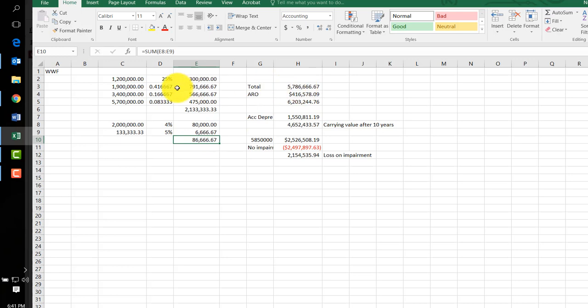So our total cost is, adding up all the actual direct expenditures to build this thing, 5.7 million, and the interest on top of that, we get 5.786666, and then we calculate the ARO, or the asset retirement obligation, because we have to put this back the way it was.